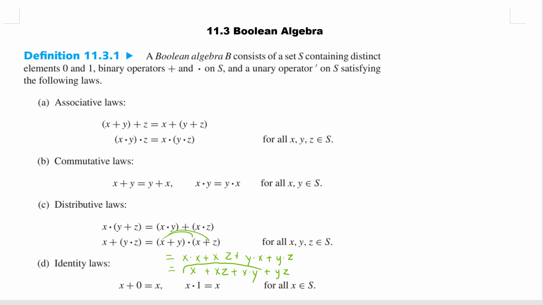But look at all these: x intersect z is a subset of x, and x intersect y is a subset of x. So when you take the union, the biggest set is x, because the union of a subset and a set is the bigger set. So that's why this is x plus y z, and you will get the same result.